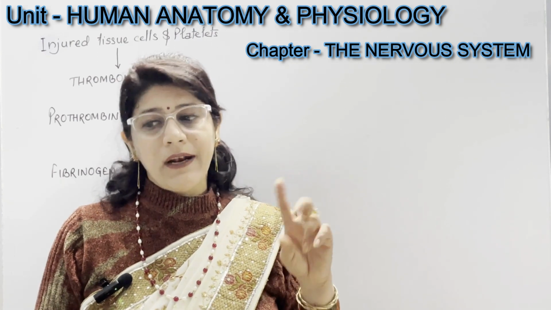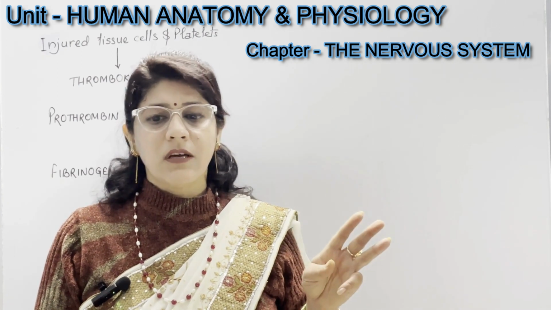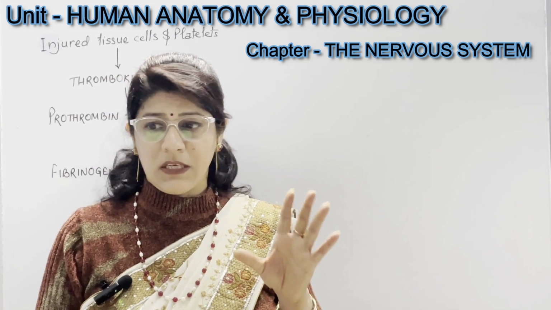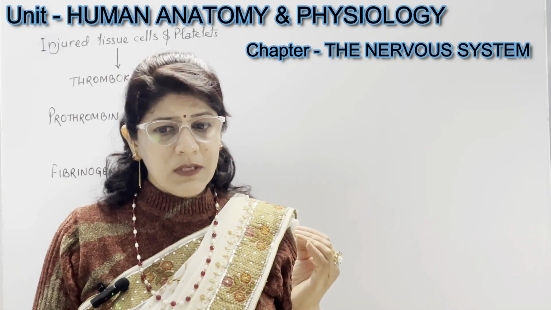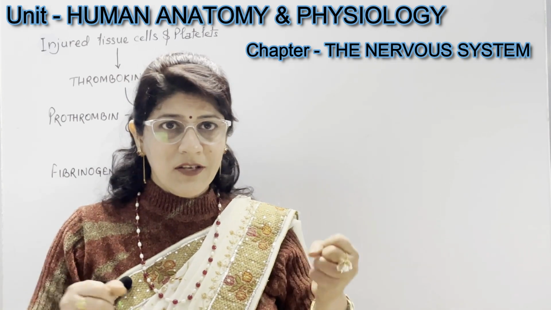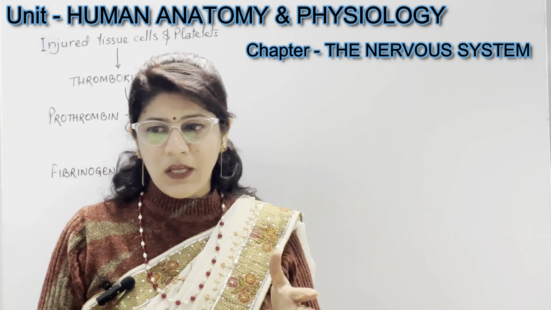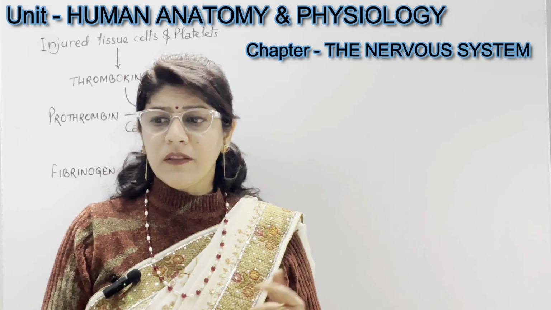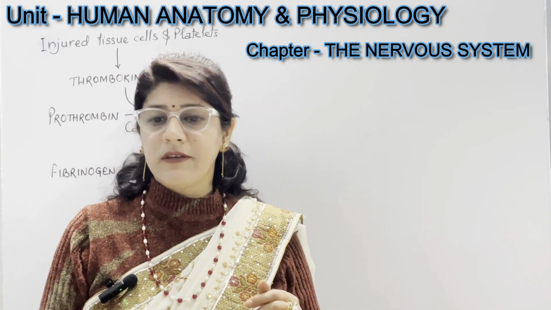Then cerebrum and cerebellum, then sympathetic nervous system and parasympathetic nervous system. The sympathetic nervous system prepares the body for violent action, to fight or flight, while the parasympathetic calms us. Then medulla oblongata and then cerebellum.